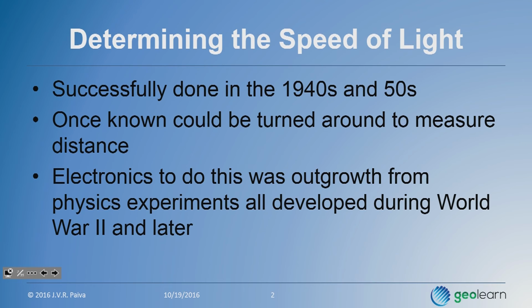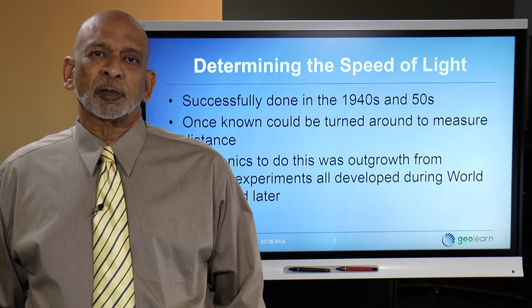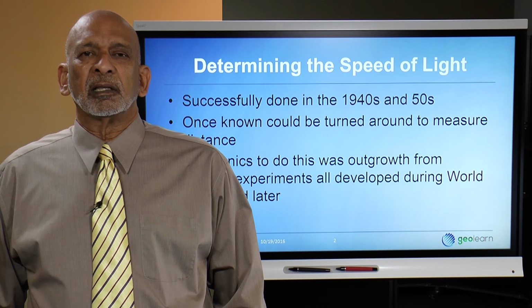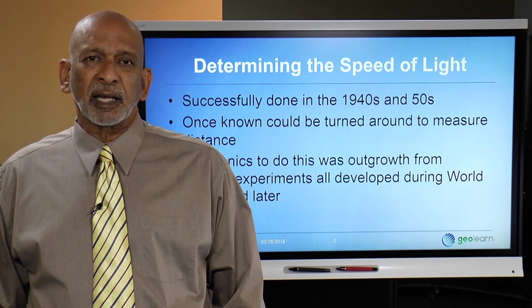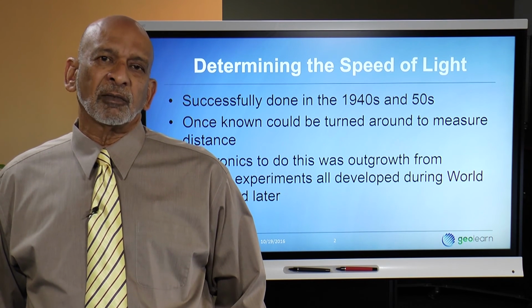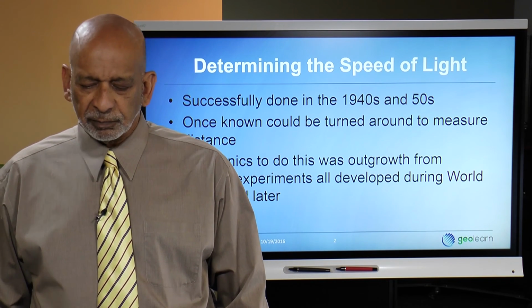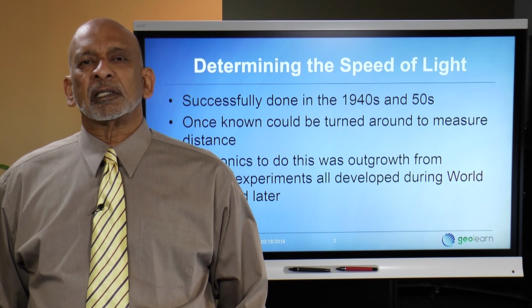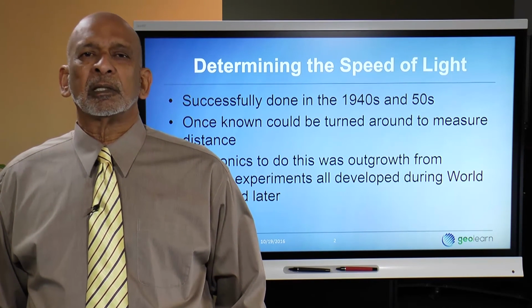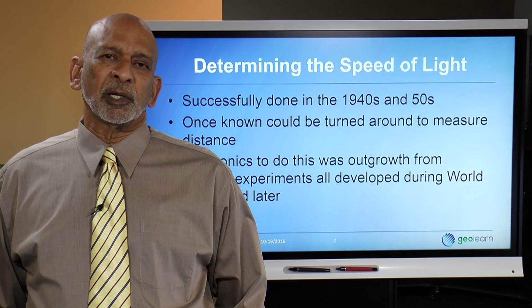They were basically measuring how long it took the light to get from one place to another. And as you might imagine, because the speed of light is so fast, they had to set up a fairly long baseline that surveyors were actually involved in measuring quite carefully. But once the speed of light was known, it could then be turned around and used to measure distance.